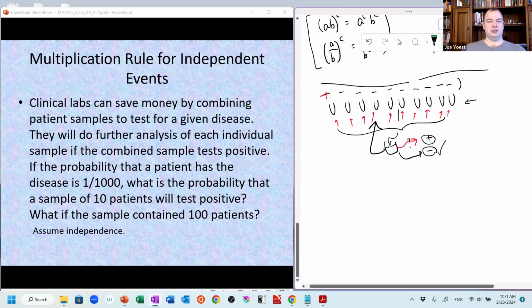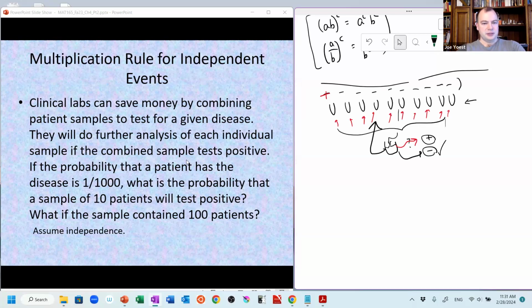I don't get any savings there. In fact, it costs me one extra amount of reagent when the pool tests positive. But if it's a fairly rare disease, I might often get a whole pool that tests negative, and I can, on balance, have a lot of savings.